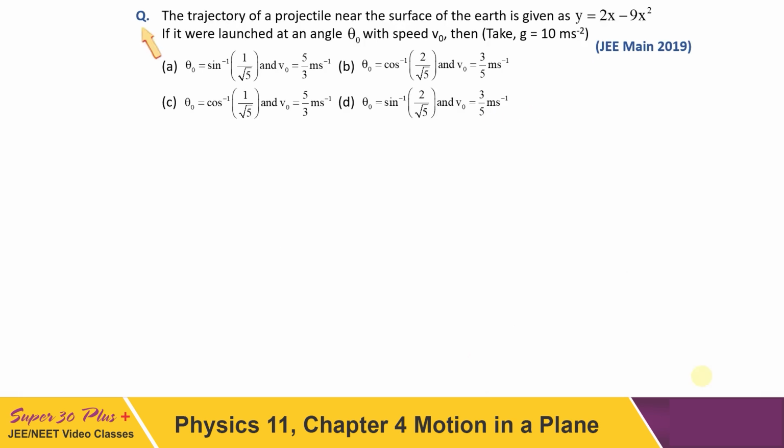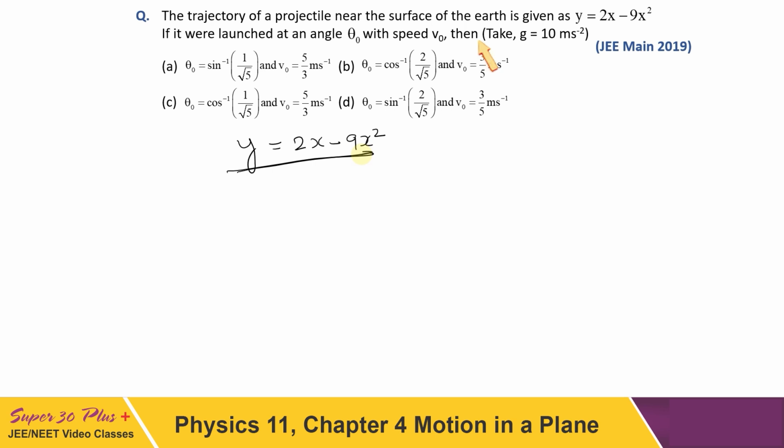The next question is, the trajectory of a particle near the surface of earth is given as y is equal to 2x minus 9x square. If it were launched at an angle theta naught with speed v naught, then we have to calculate the values of theta naught and v naught. The trajectory equation is provided here.